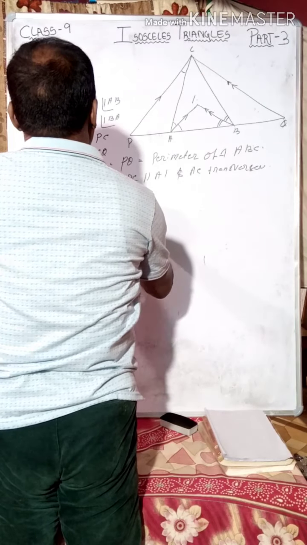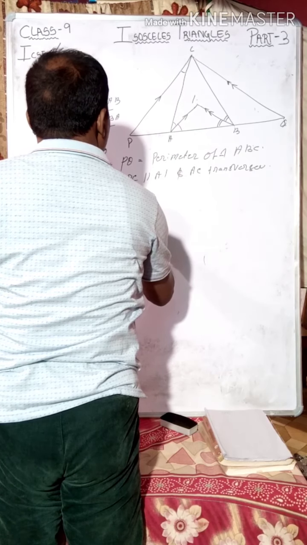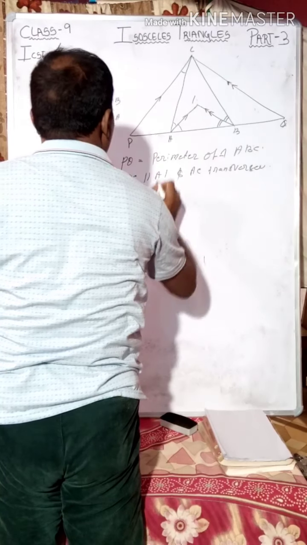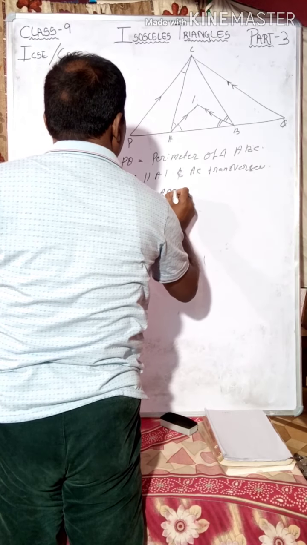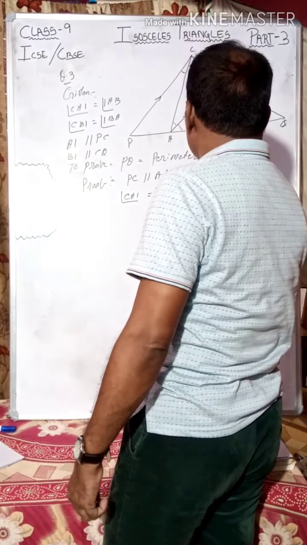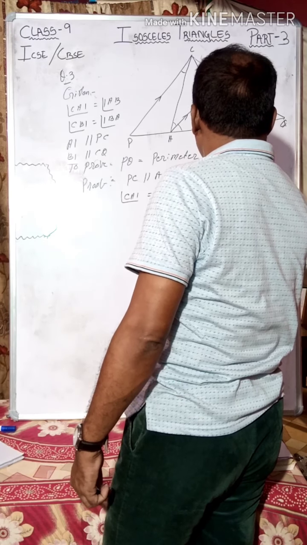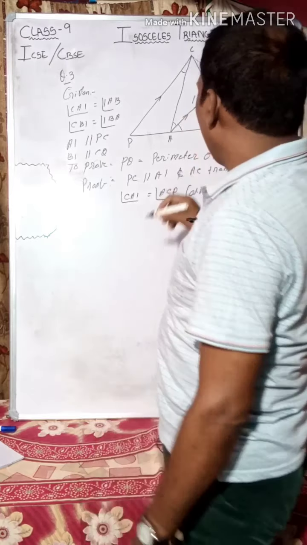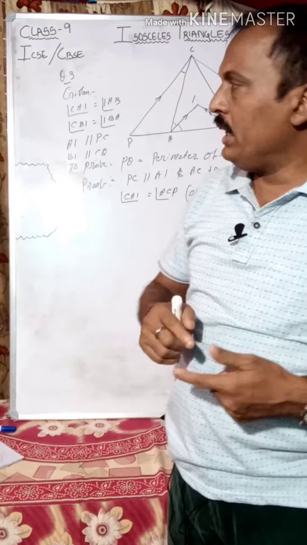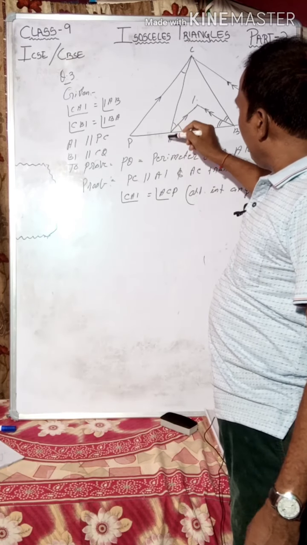So angle CAI is equal to angle ACP. This is alternate interior angle. Two parallel lines and a transversal, the alternate interior angles are equal. So CAI is equal to ACP.